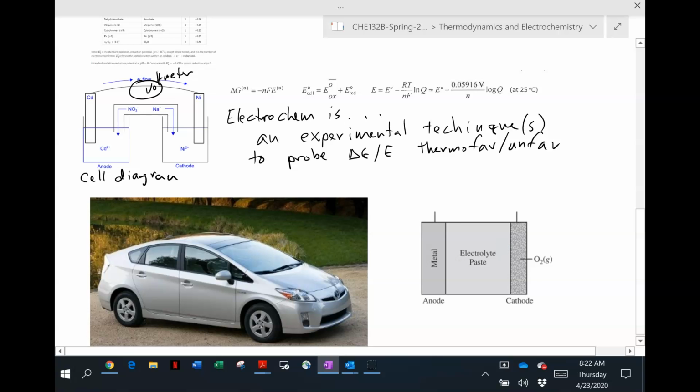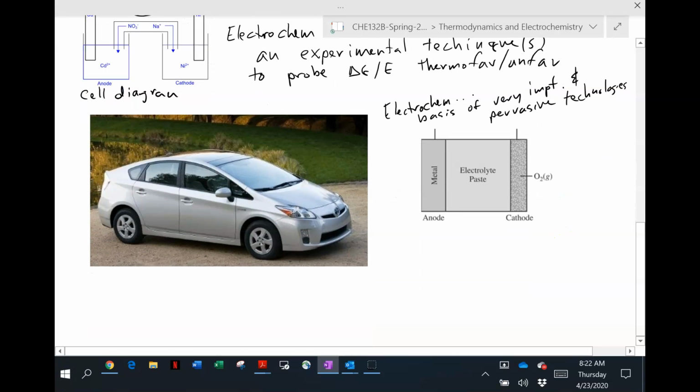And then the other thing about electrochem is that it is the basis of very important and pervasive technologies. On the left here, I have a picture of a hybrid car. This is a Prius.